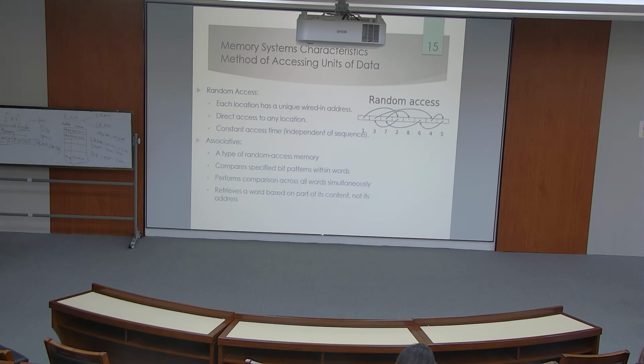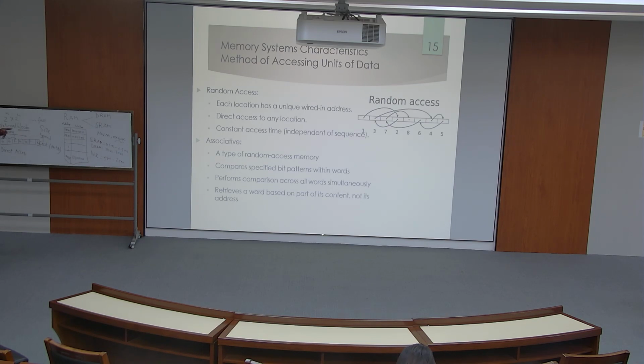Now, the previous methods of accessing units of data, including the sequential one, access data using memory addresses. The direct one also uses the memory location. The random access also uses the memory location, but it is independent of the sequence.